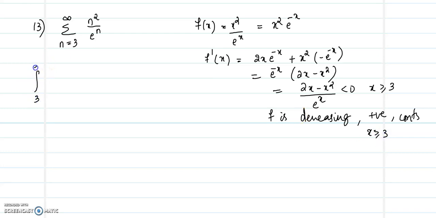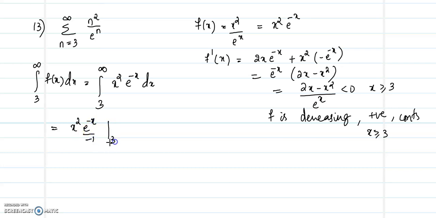So it will satisfy all the conditions when x is greater than or equal to 3. So we need to evaluate the integral 3 to infinity f of x dx. So that will be integral 3 to infinity x square e raised to minus x dx. Now by using integration by parts, we get first function into integral of the second, which is e raised to minus x by minus 1, from 3 to infinity, minus integral of derivative of the first, which is 2x, into integral of the second, e raised to minus x by minus 1, dx.